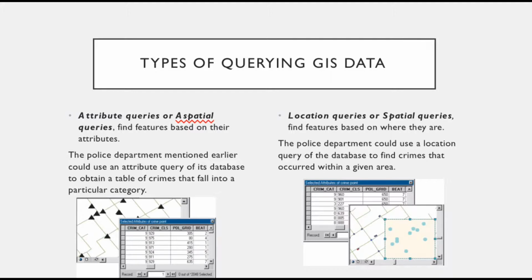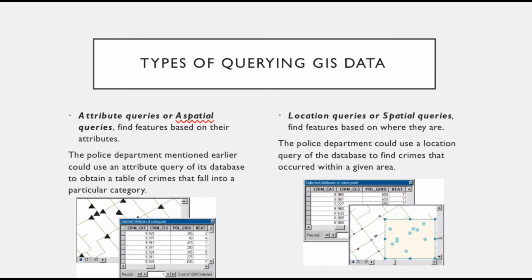The next type is the location queries or spatial queries. It finds features based on where they are. The police department could use a location query of the database to find crimes that occurred within a given area. One way to do a location query is by drawing a rectangle on the map, as you can see on the image. Here, the police department has selected only those crimes that occurred within the rectangle.